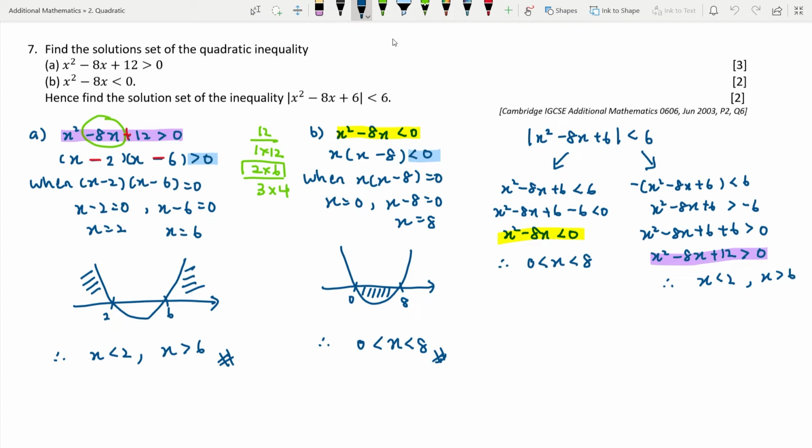These two sets of answers come from the same modulus quadratic inequality. Hence, we need to combine all the solutions to obtain a final solution. Since we have three inequalities, I will choose to use a number line to solve it. This is the x-axis: 0, 2, 6, and also 8. For the first inequality, x is between 0 and 8.